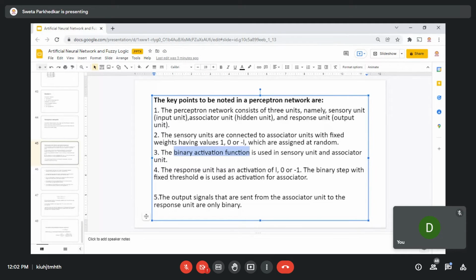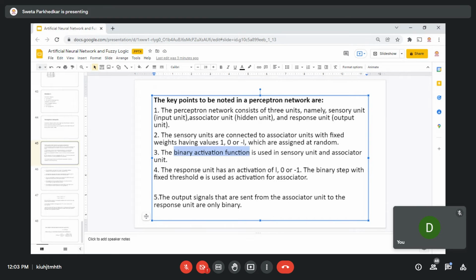The binary step with a fixed threshold of theta is used as the activation for the associator. If x is greater than theta, then it can be 1, 0 or -1.